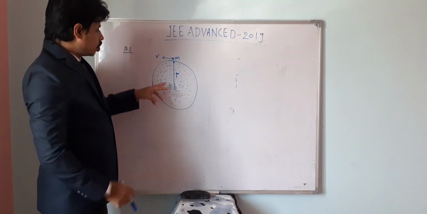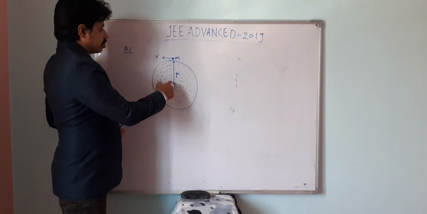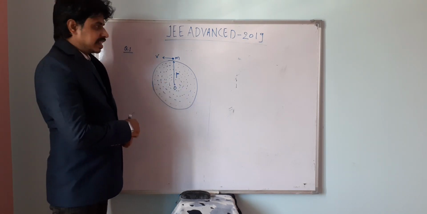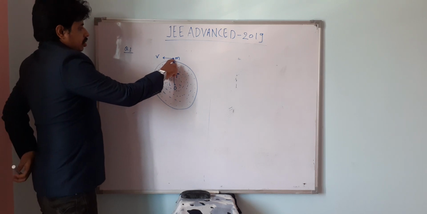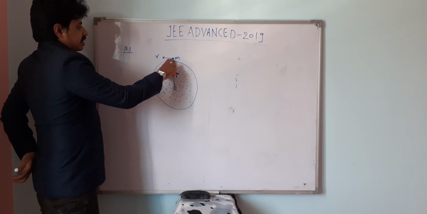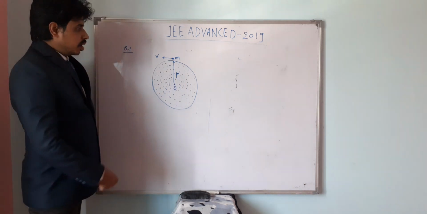The density is varying with distance from the center, and we have to find the number density of the gaseous molecules.